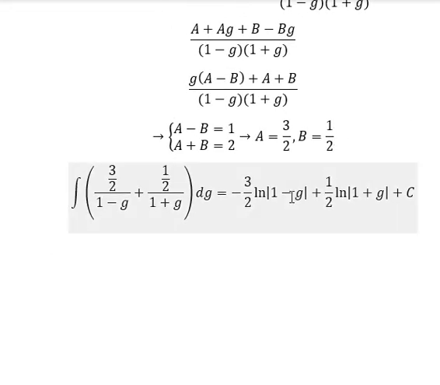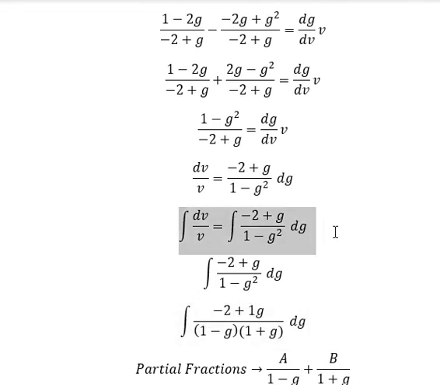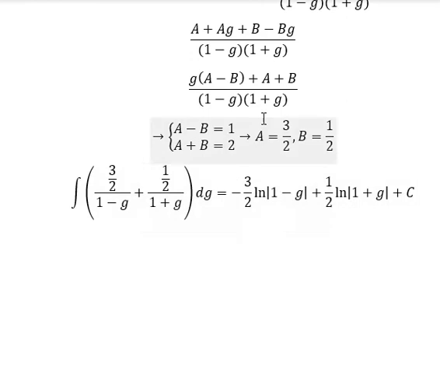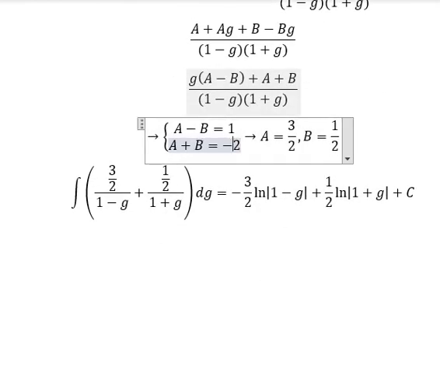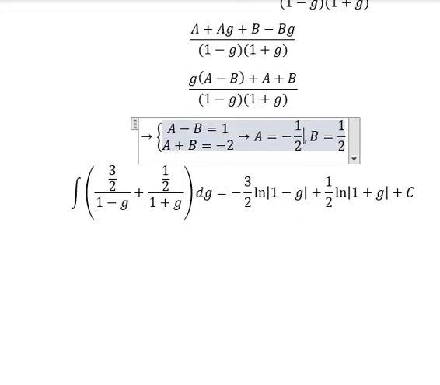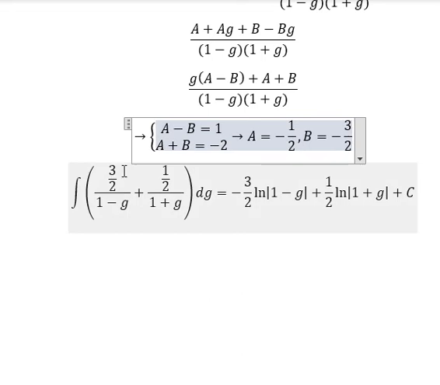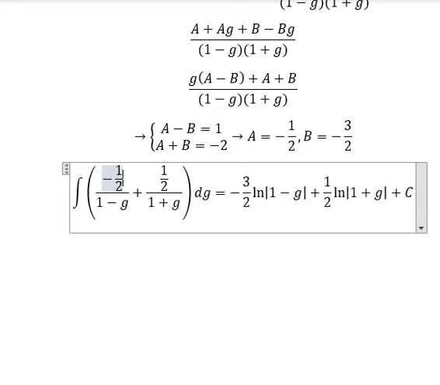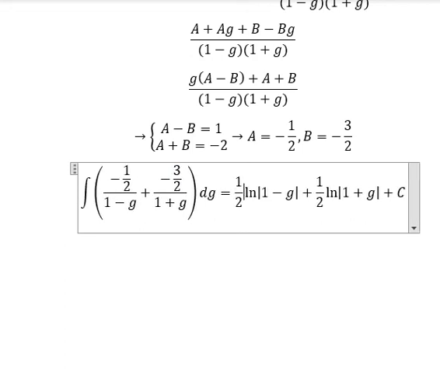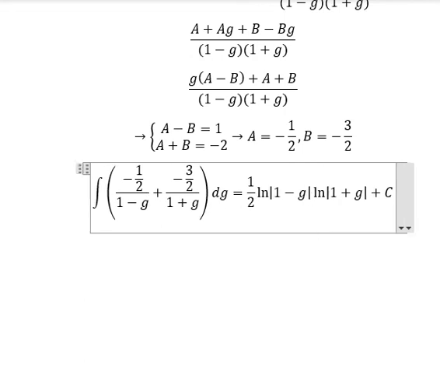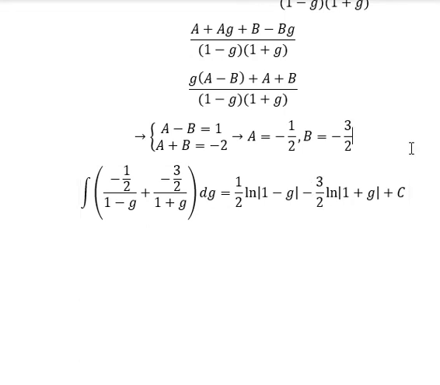So we go back in here. Oh, sorry, negative number 2. I made a mistake. So this one should be about negative 1 over 2. This one is about negative number 3 over 2. This one is about positive 1 over 2. This one should be about negative number 3 over 2.